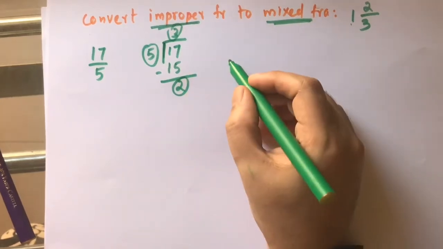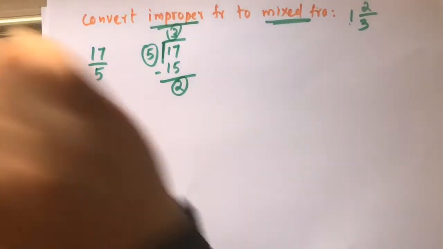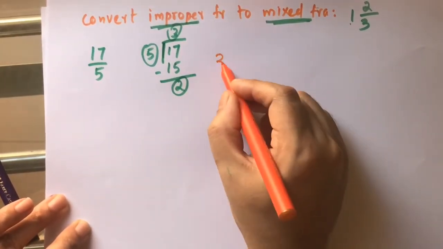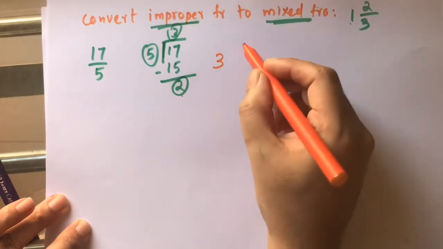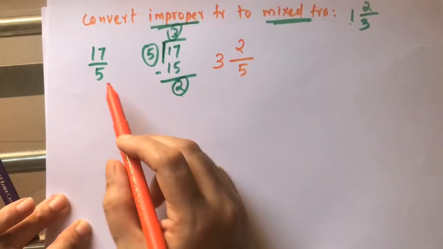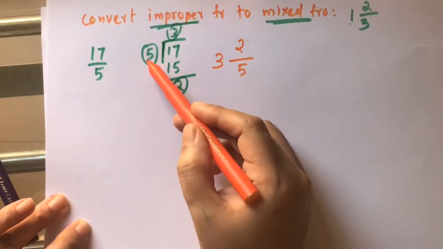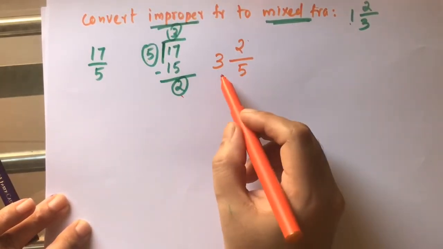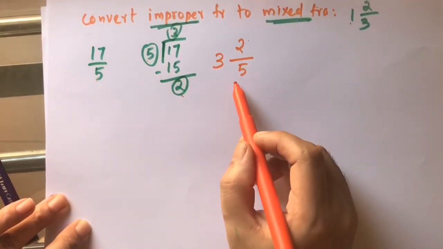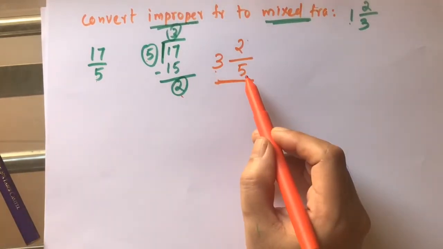Now first write the quotient as the whole number, and write the remainder and divisor as the same fraction part. Now 17 by 5, the improper fraction, is changed into a mixed fraction, as it has a whole number part and a fraction.